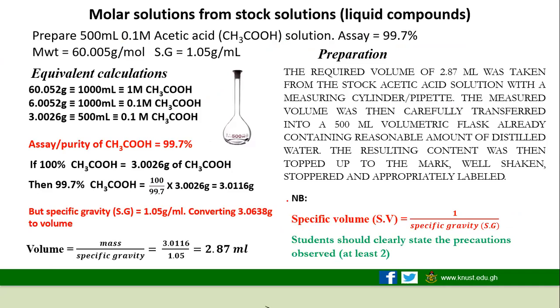Now, we are being asked to prepare 500 ml of 0.1 acetic acid solution. The purity is 99.7. The molar mass or the molecular weight is 60.005 grams per mole. Then the SG, that is the specific gravity, is 1.05 grams per mole.